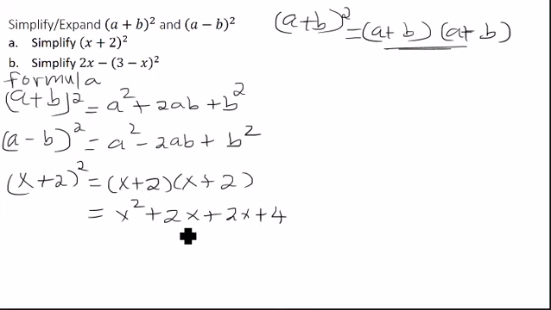Again, remember, I always put the number first and the letter later. So that's going to be x squared plus 4x plus 4. This is one method, but it takes a little bit of time.